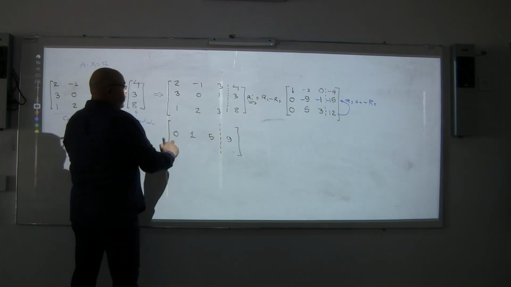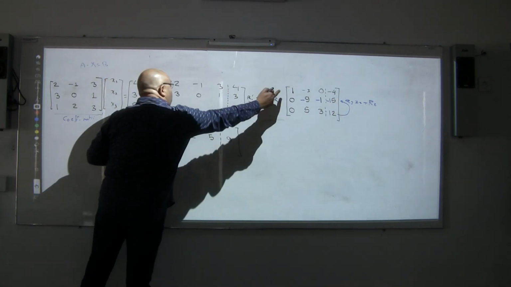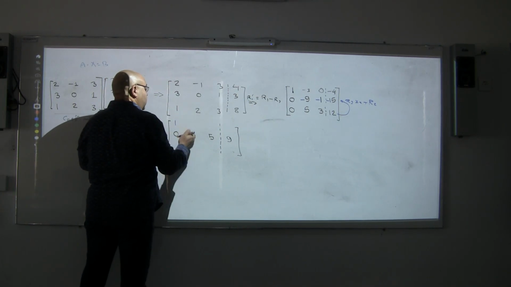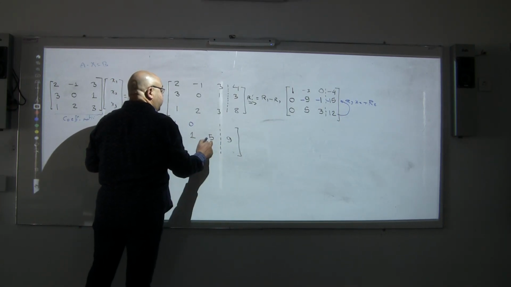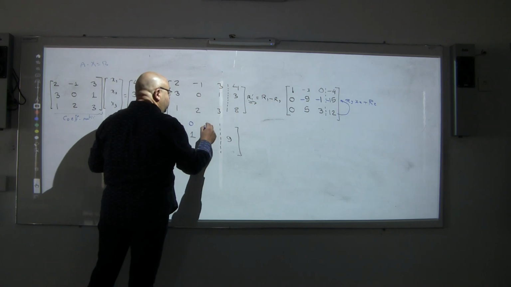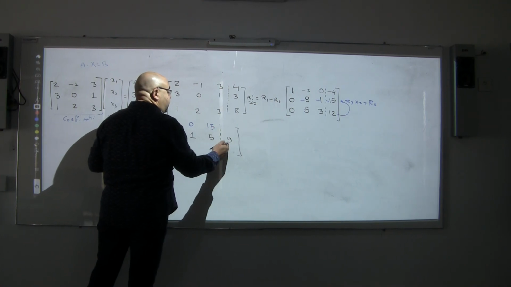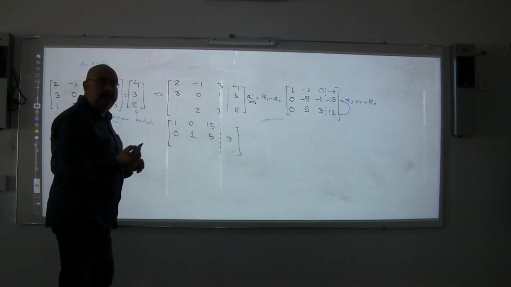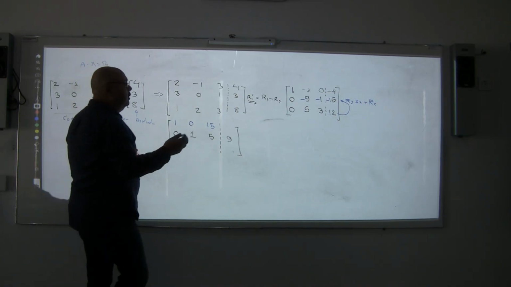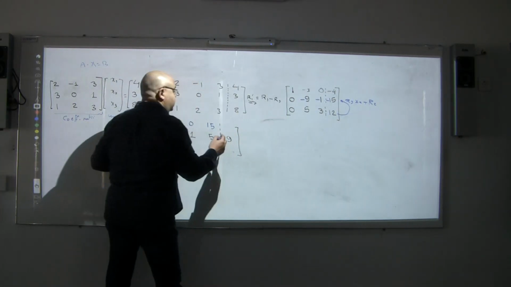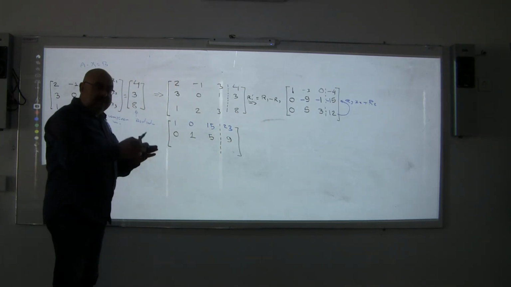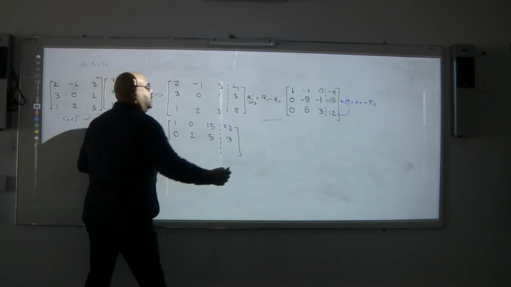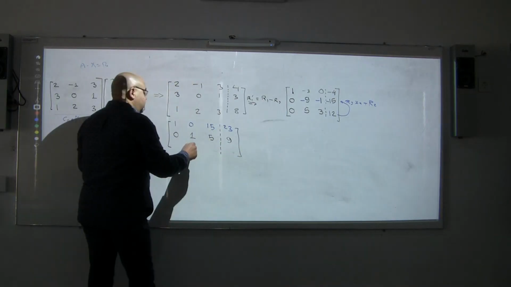Okay, let's do it. 3 times 0, 0 plus 1, it's going to be 1. 3 times 1 is 3. With negative 3, it's going to be 0. 3 times 5 is 15. Plus 0 it's 15. 3 times 9, 27. 27 minus 4, so it's going to come up to 23.